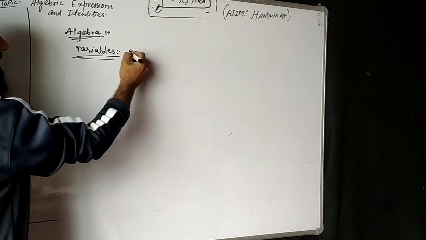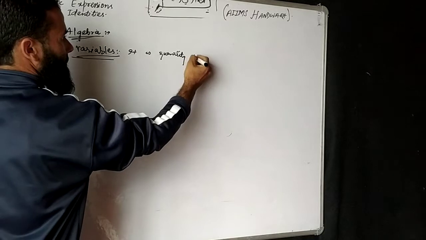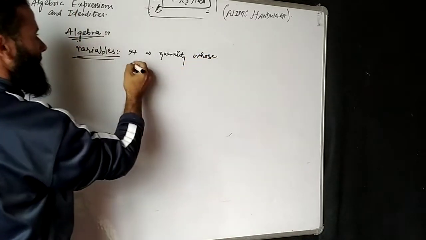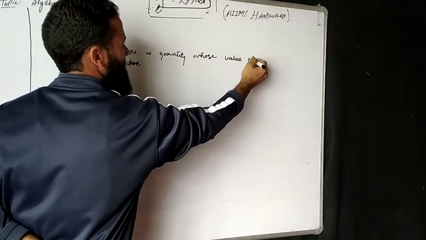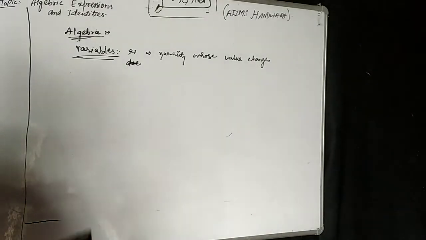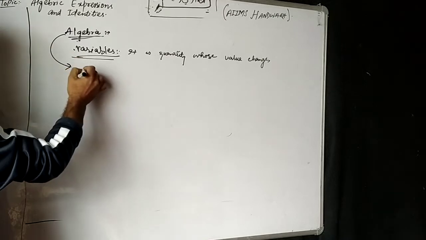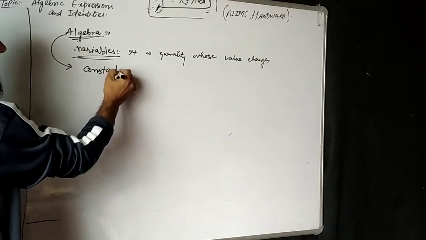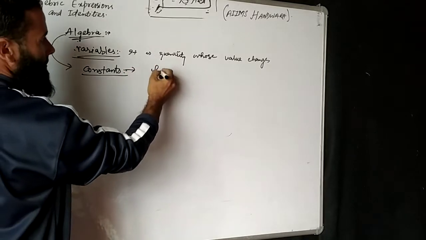A variable is a quantity whose value does not remain fixed, whose value changes. The value of a variable is always changing and is not fixed. And the numbers used in algebra are called constants. A constant is a number having a fixed value. Constant always has a fixed value.